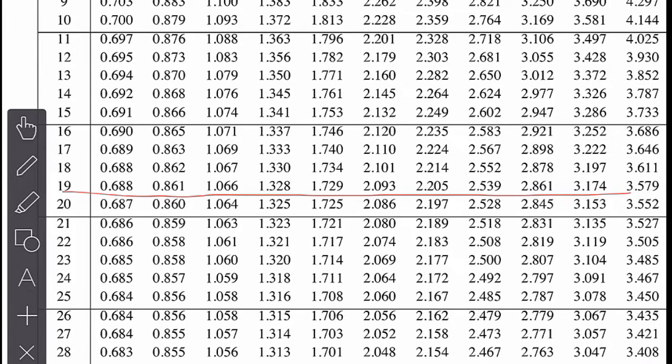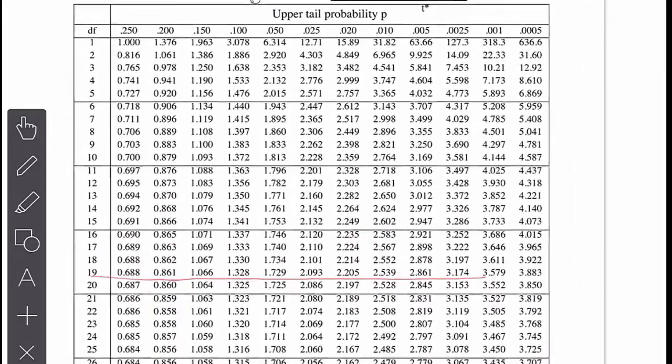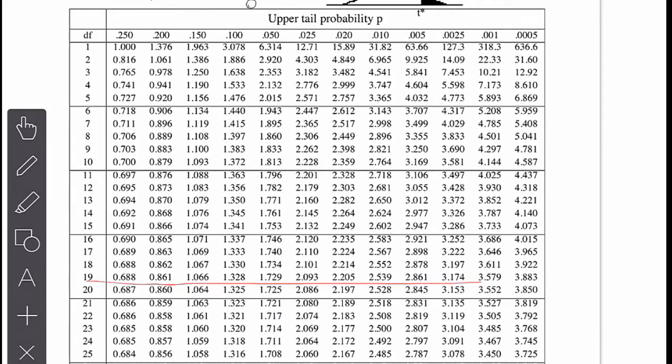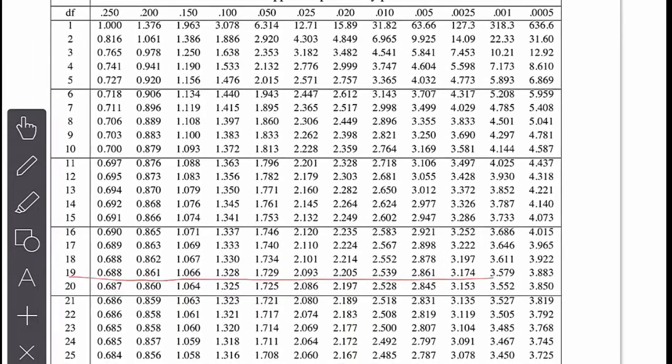So the first one is 25%. So on T19, 25% is to the right of 1.688. And 20% is to the right of 0.861.